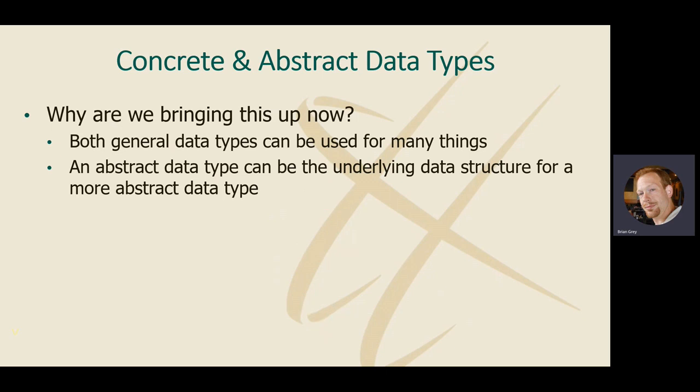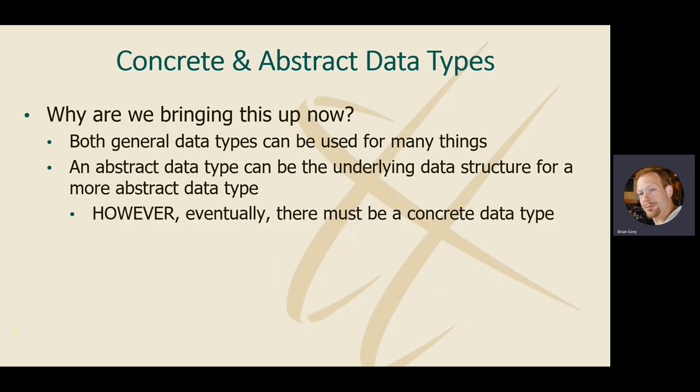But the key is, at some point, there has to be a concrete data structure at the bottom. There has to be. There has to be a group of variables or an array or a linked list or something. It can't be turtles all the way down. It can't be that this turtle's on top of that turtle. Well, what's on top? What is that turtle on top of? What's on top of another turtle?